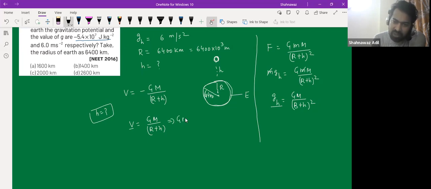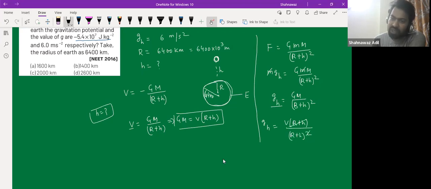GM is V(R + h). We put this value in here, so gh is V(R + h) divided by (R + h) whole square.